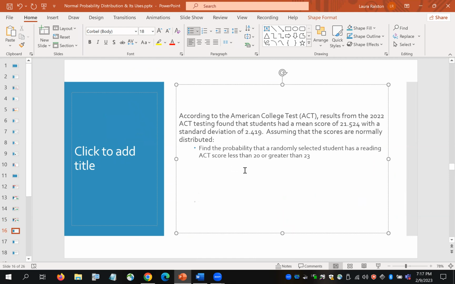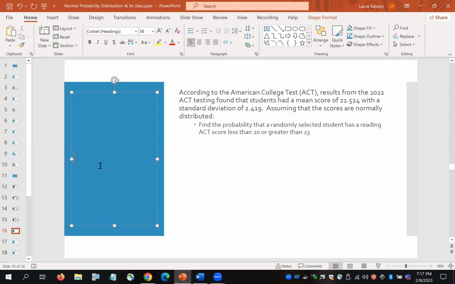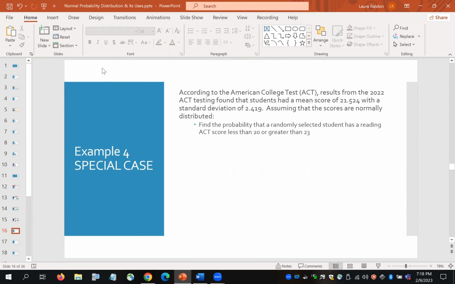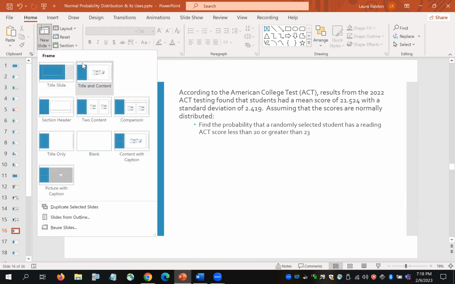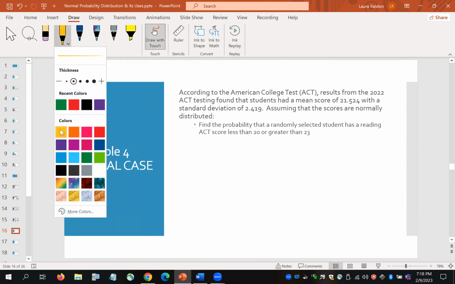Okay, so I could have a question like that. Again, it's the same question we just had, and I'm going to put this as example 4, and I'm also going to make a note that this is a special case. Okay, again, the question tells us that it is normally distributed.